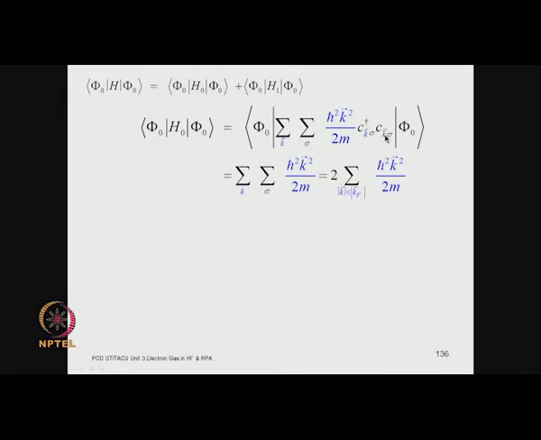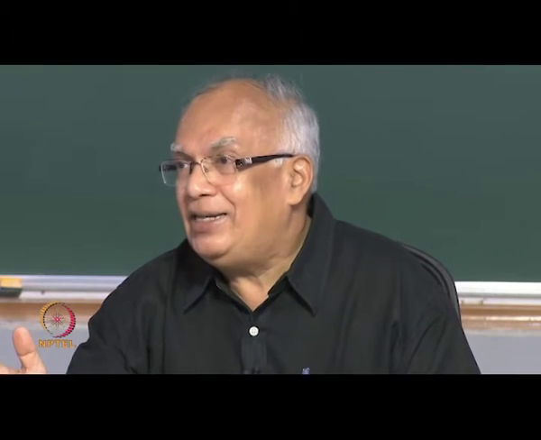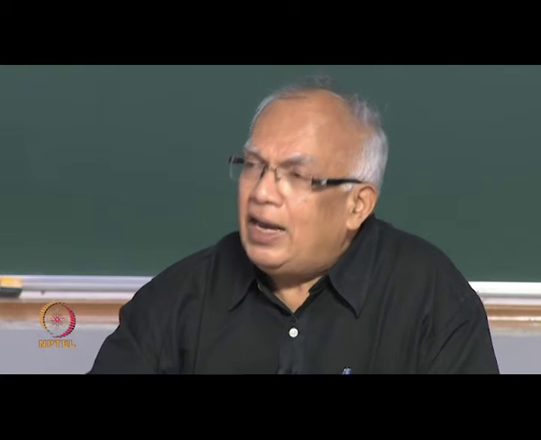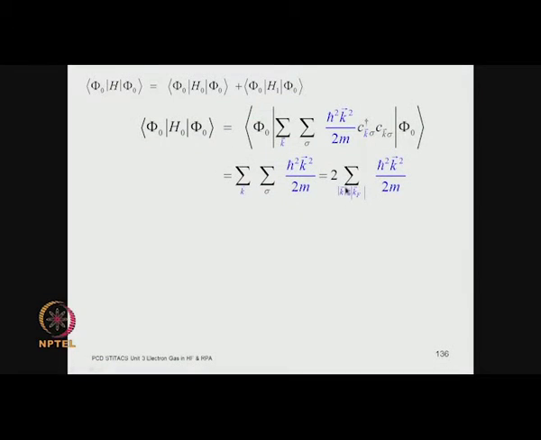C dagger C is just the number operator which will give you a non-zero value if and only if the momentum states that you are referring to are those which are occupied states, and only those states are occupied which are at or below the Fermi level. So, that is the reason this summation must be restricted to k values which are less than or equal to the momentum at the Fermi level.